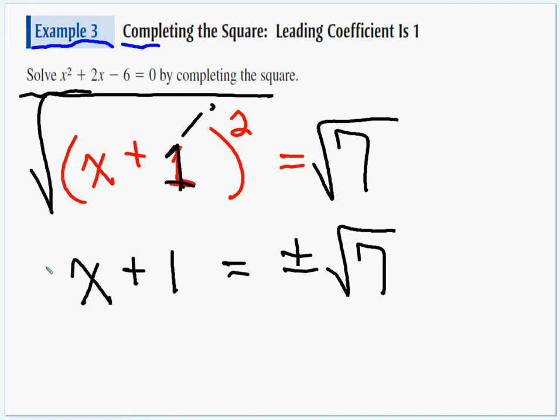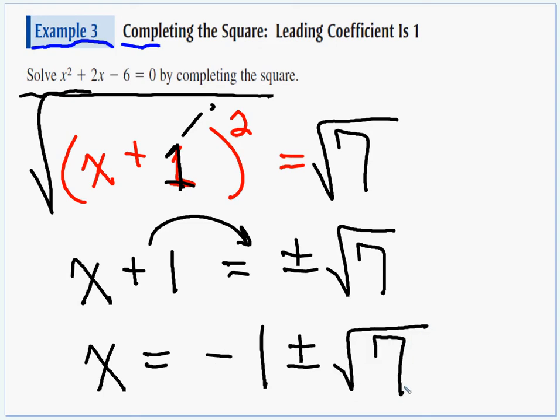And then just to get x all by itself, we're going to have x equals, subtract 1 from both sides. So now this will be a -1 plus or minus the root of 7. Remember, for these quadratics, if it's squared, it should have 2 solutions. Here we have a positive and a negative. So -1 plus the root is one solution, and then -1 minus the root is another solution.